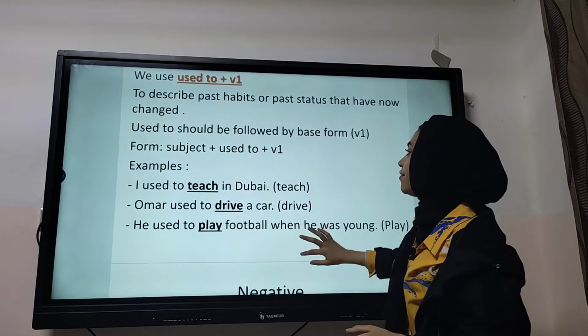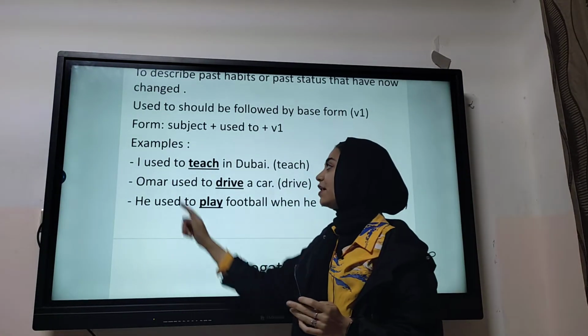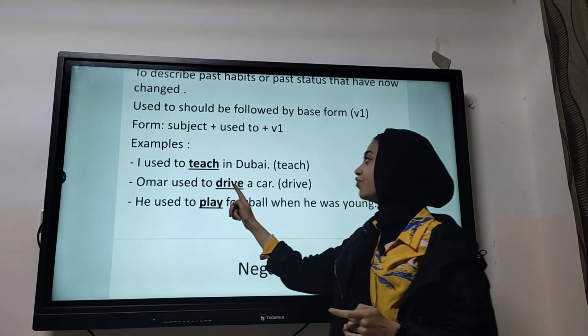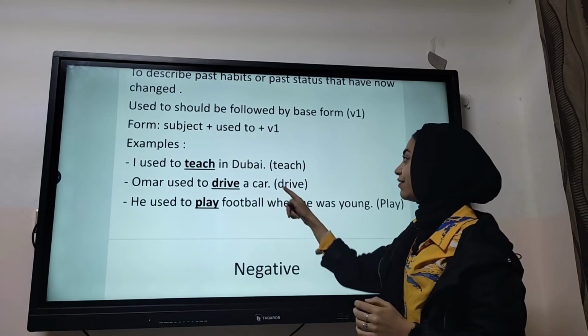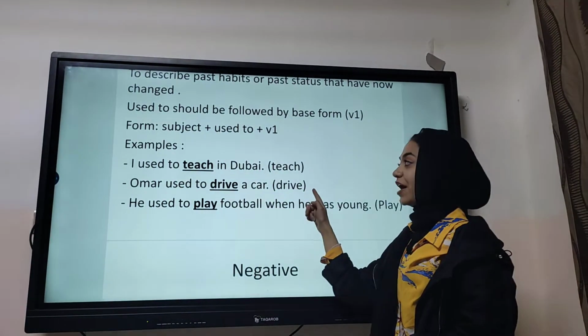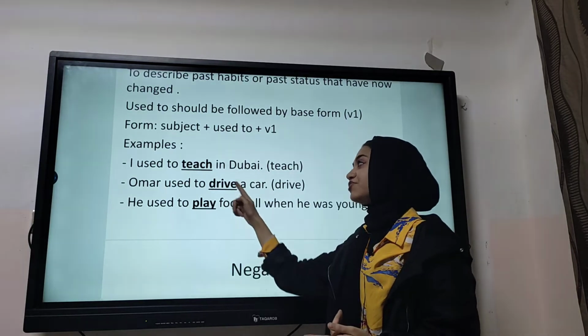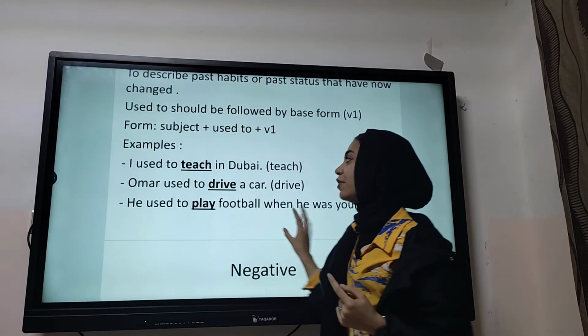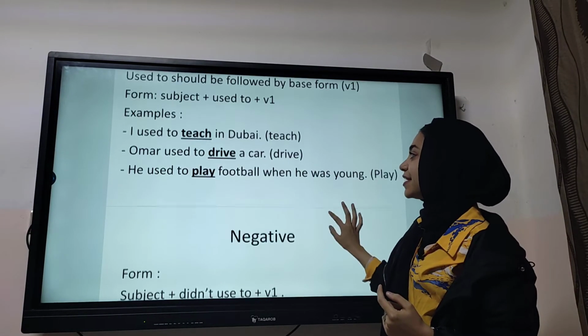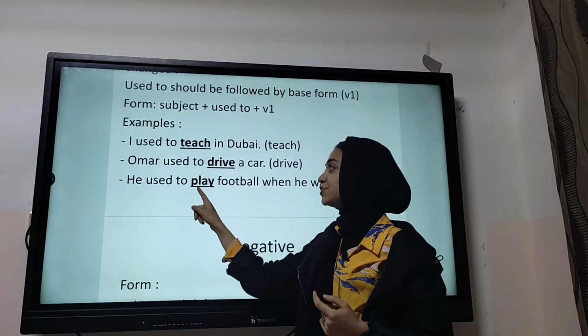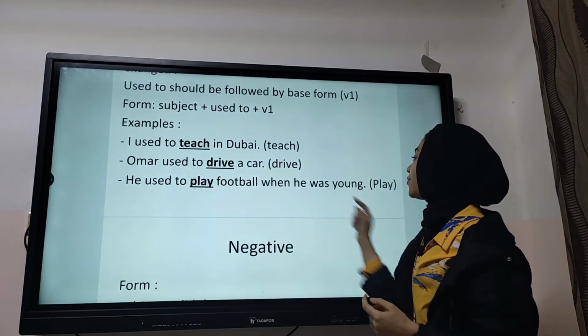Bravo. Verb 1. The second example, Omar used to drive a car. So here we have between parentheses the verb drive. So used to drive. Drive here is verb 1 or past form. The last example, he used to play football when he was young.